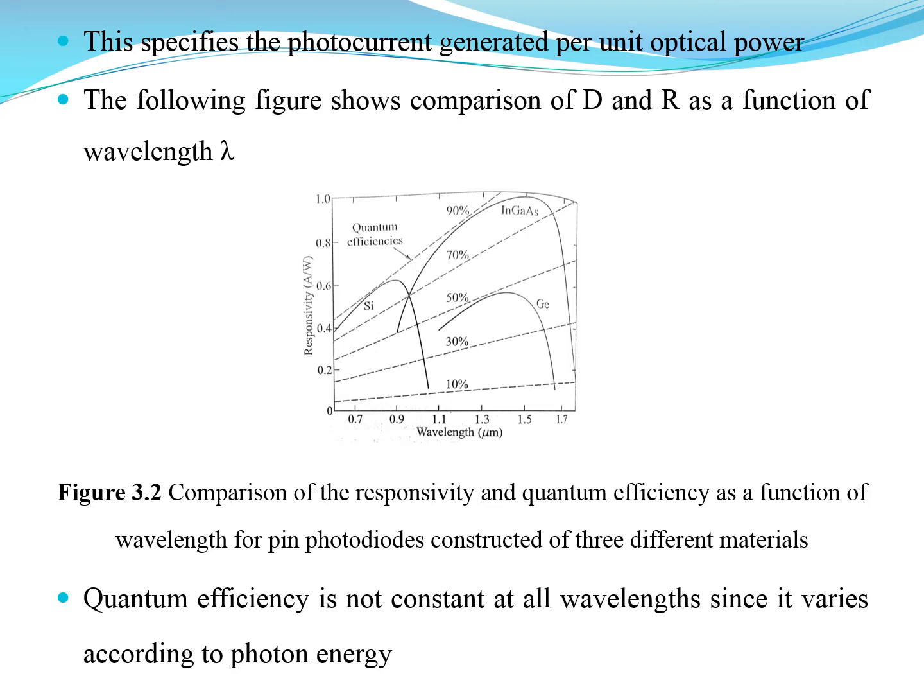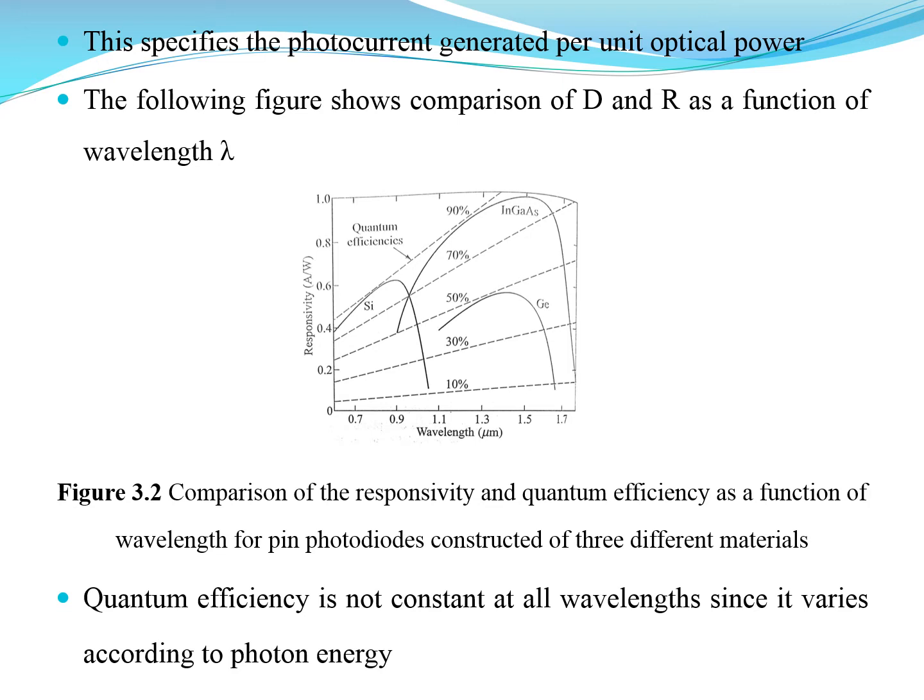And if the responsivity is more, around 0.5, then at 0.5 I can see that the quantum efficiency is higher.